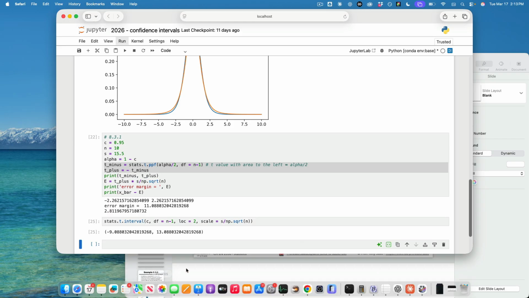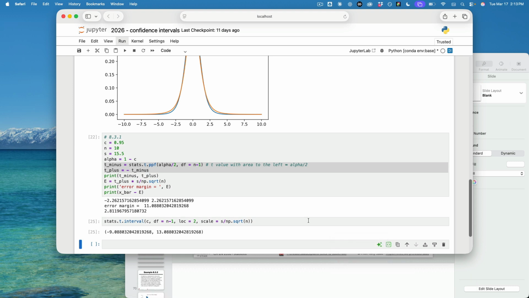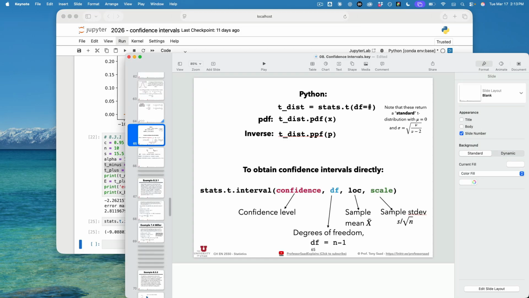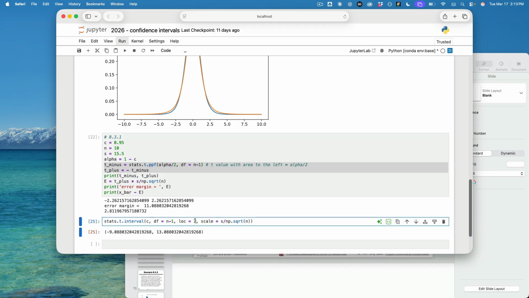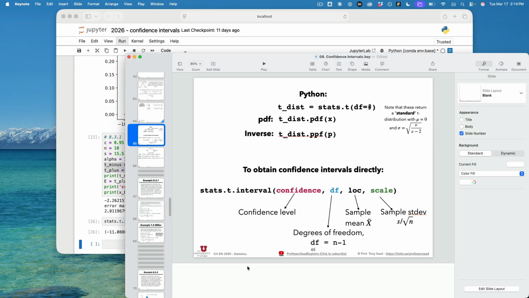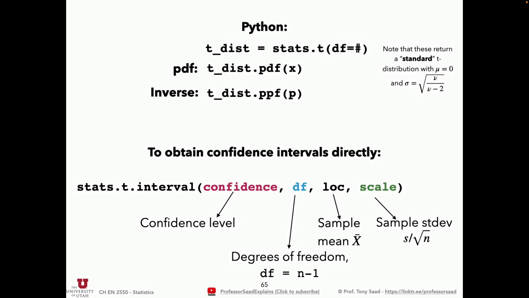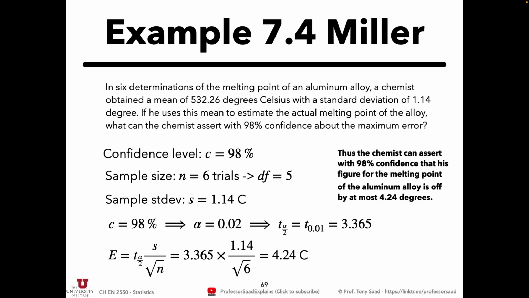Just a little trick. Internally, Python is doing all of that. It is symmetrical around the mean, right? So if you put 0, it is perfectly symmetrical there, right? Okay, so that's kind of the example.